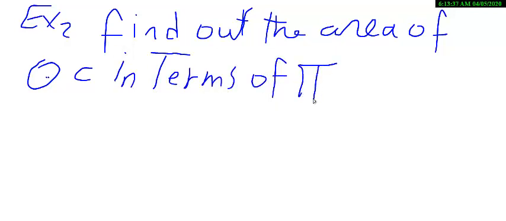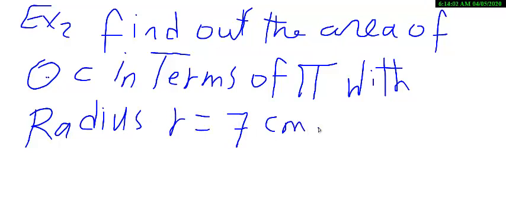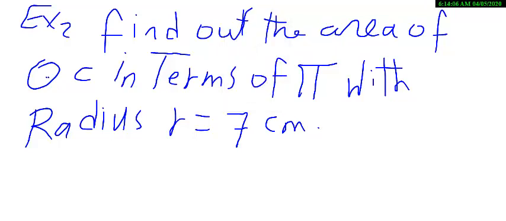It means I'm not gonna substitute the value of pi, so I'm gonna leave it as it is. With radius r equals 7 centimeters.